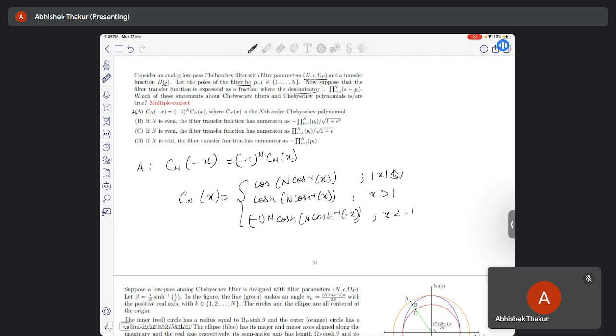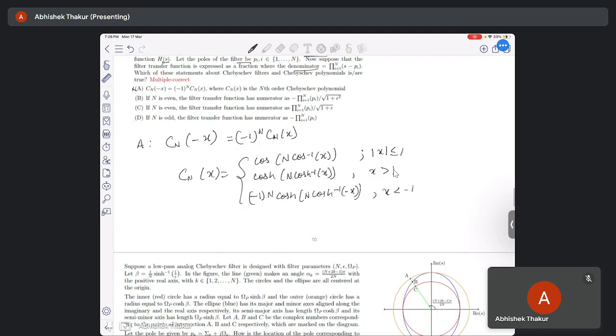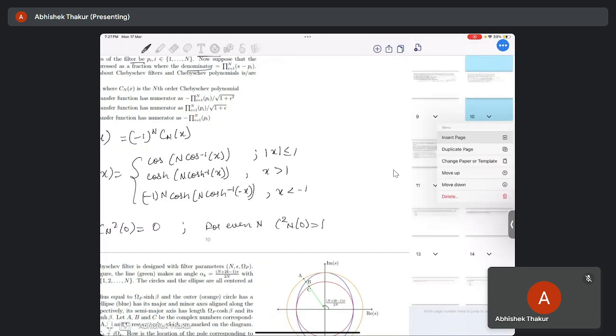Now for options B, C, D, we note that for odd n, the value of the function at x equal to 0 becomes 0. For even n, this value becomes 1.